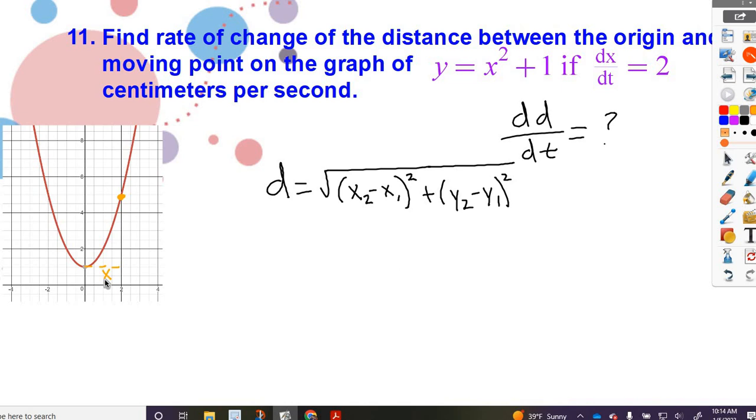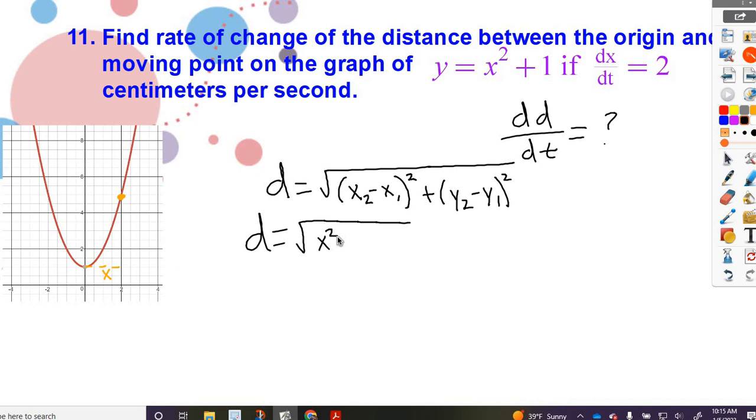Same thing here. Again, if I'm using my point as the origin, I'm just going to end up with a y there. Agreed? So far, so good? And that's going to make our lives easier as well. The only hard part is notice that d equals the square root of, this is just going to become x squared.